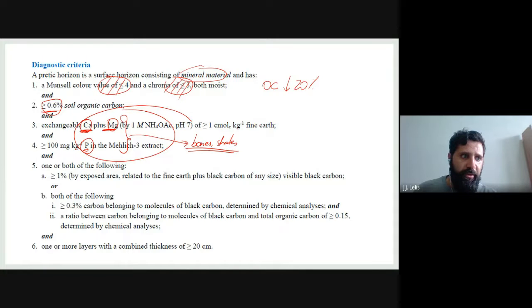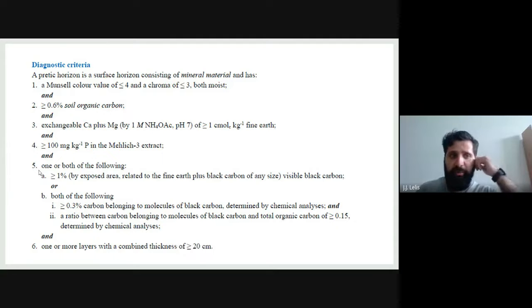It's not unusual to identify some pratic horizons that have more than 1,000 milligrams of phosphorus per kilogram of soil. And some of them present higher contents of more than 4,000 milligrams of phosphorus per kilogram of soil. So we present a very high content of phosphorus, calcium, and magnesium.